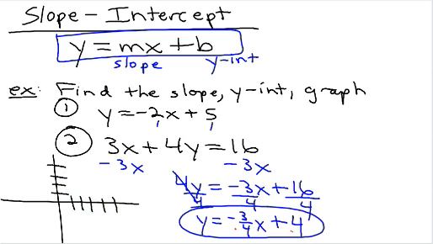The y-intercept is 4, and that's where I begin the graph. I begin the graph at the y-intercept of 4, and I go down 1, 2, 3, and over 1, 2, 3, 4 to get the next point. And there's my graph. It seems like the decreasing function is popular today.